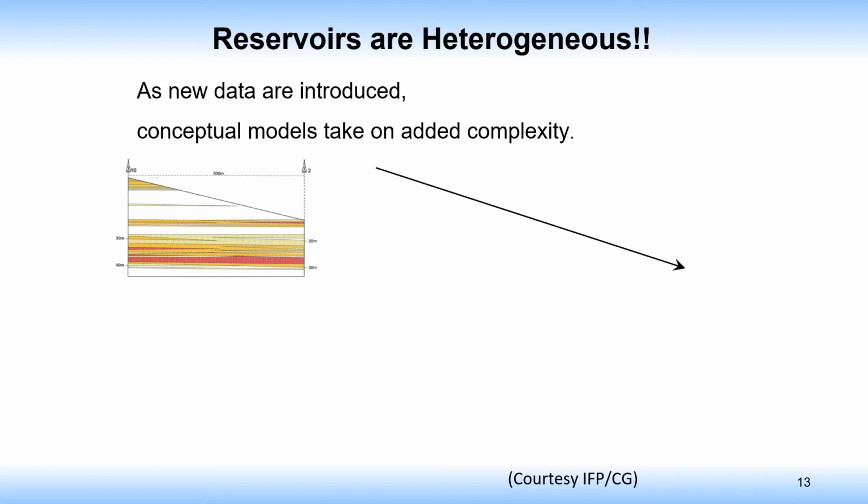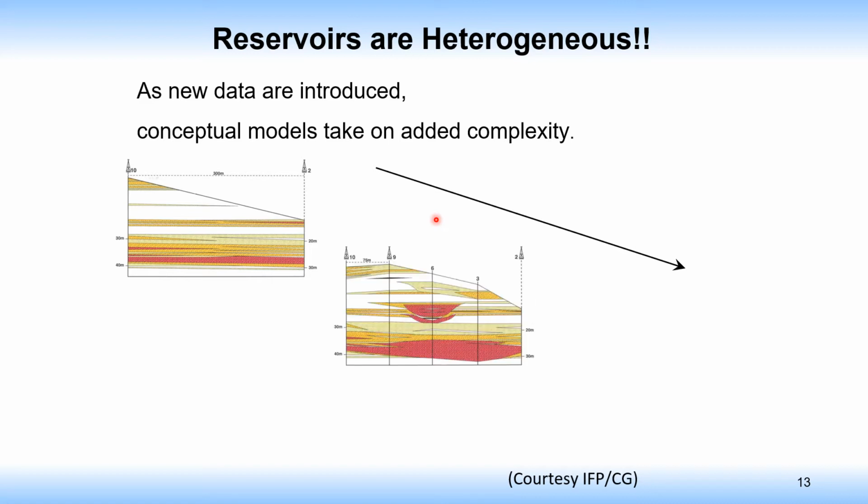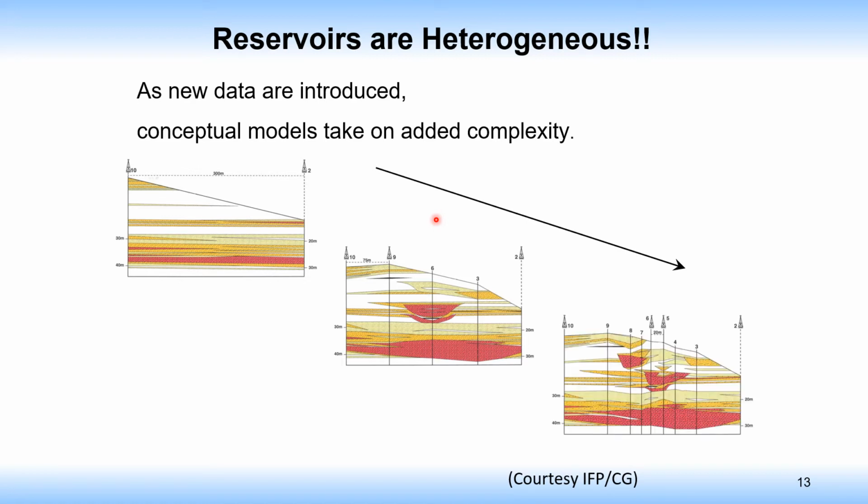Another point is that reservoirs have heterogeneity, have variability. As we collect new data, the concept models take on complexity. And so over time, we go from a simple set of data and different working concepts to more certainty, more understanding of the local and known complexities.